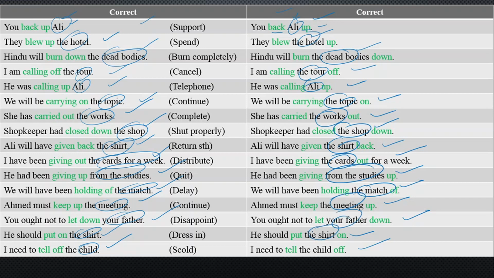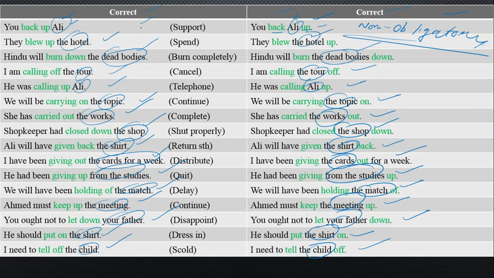Why can you separate them? That's why we call them non-obligatory. Non-obligatory means it is not necessary. You've got the two ways, and in both ways these are to be considered correct and appropriate.